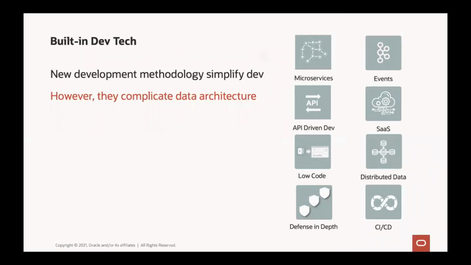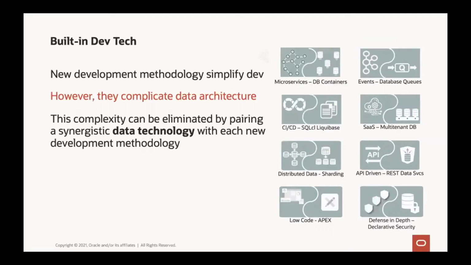But at the same time, if it's not very well implemented, you can complicate the data architecture, and then you will complicate the life of the administrators, the people who will have to maintain the application during the full life cycle of the application.